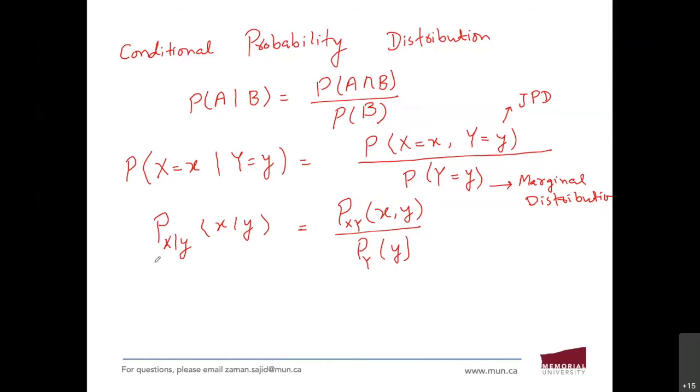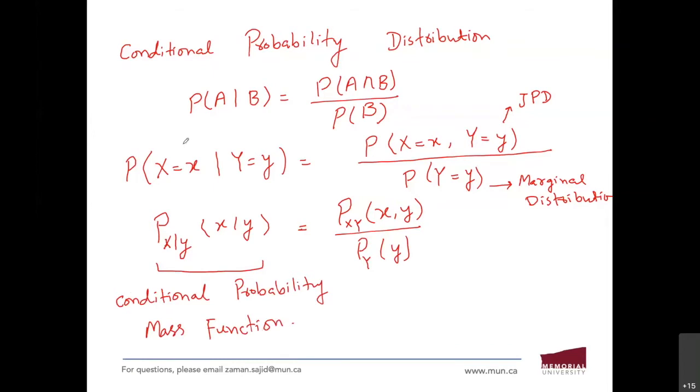Now this is what we call the conditional probability mass function, because we are talking about the discrete random variable. I should have mentioned it here earlier.